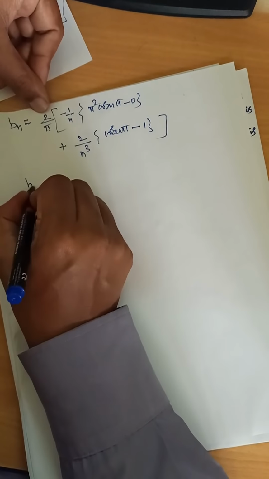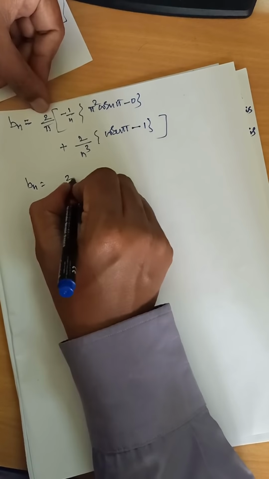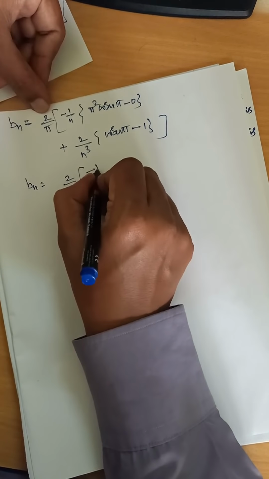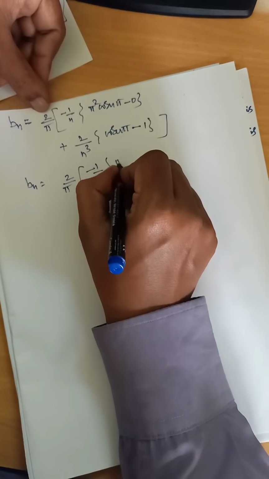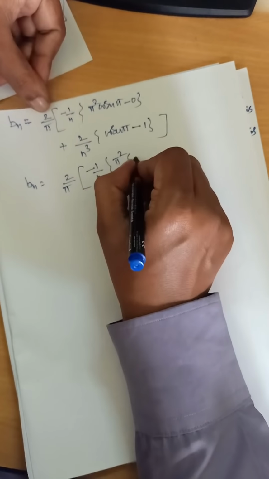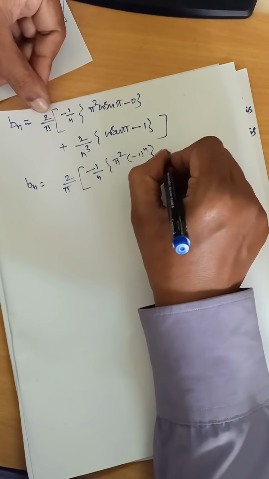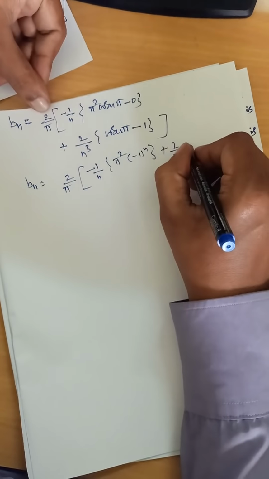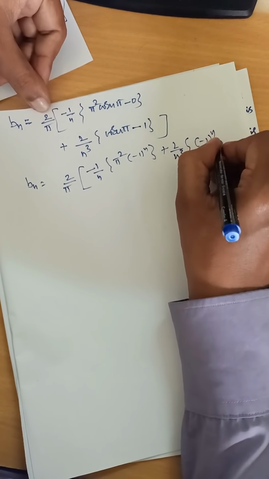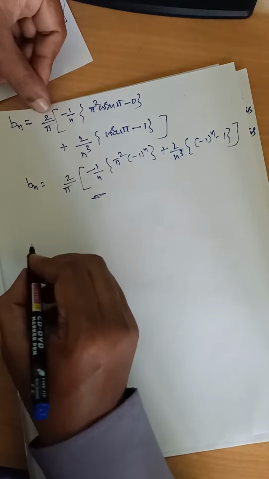So bn is equal to 2 by pi outside, minus 1 by n pi square, cos n pi is minus 1 power n, plus 2 by n cube, minus 1 power n minus 1. So this is the required bn.